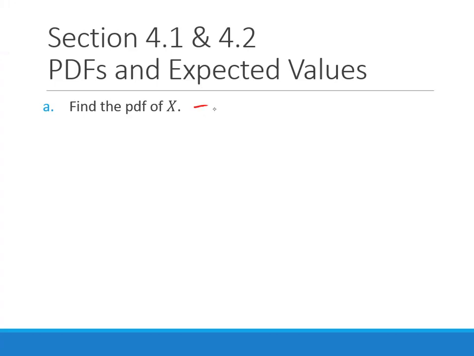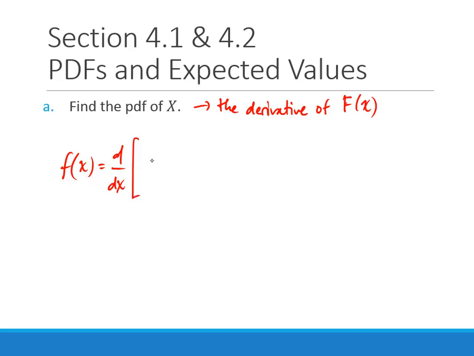This is going to be the derivative. The PDF is going to be the derivative of the CDF. So f of x is equal to the derivative with respect to x of the CDF.